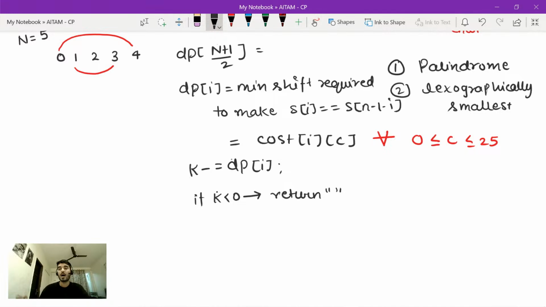Now let's check how I will use the remaining values of k. So, use remaining k optimally.